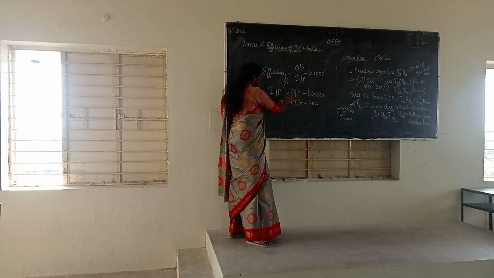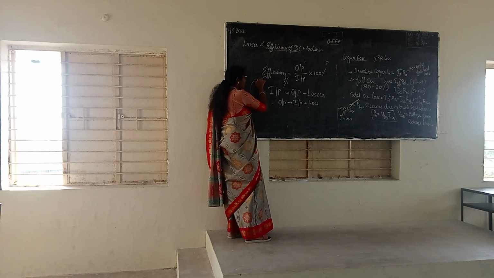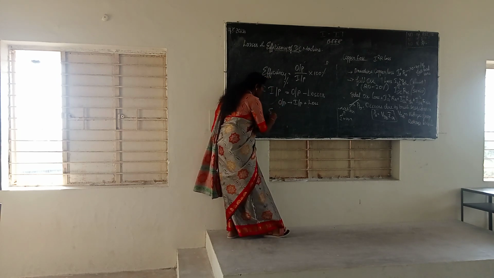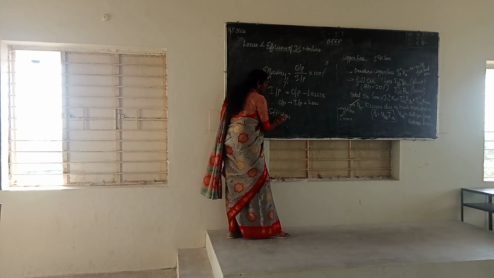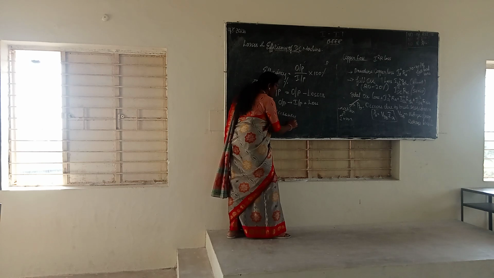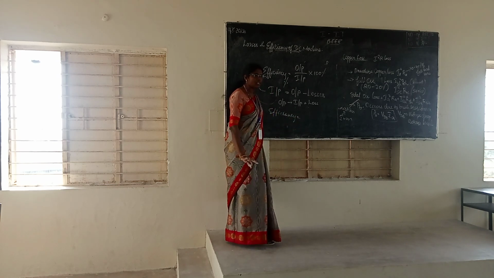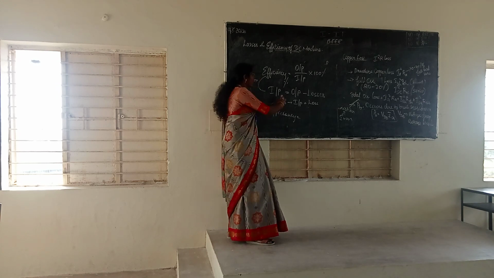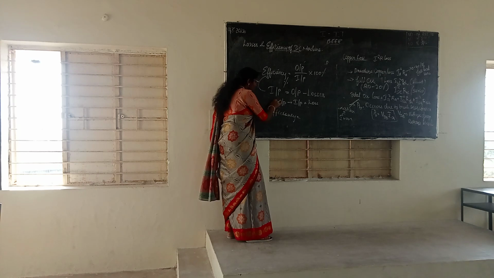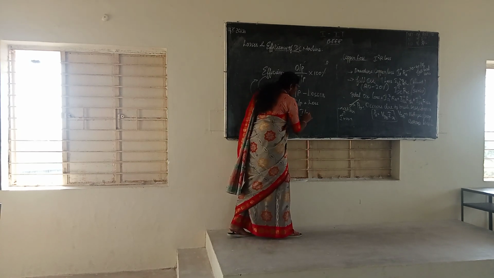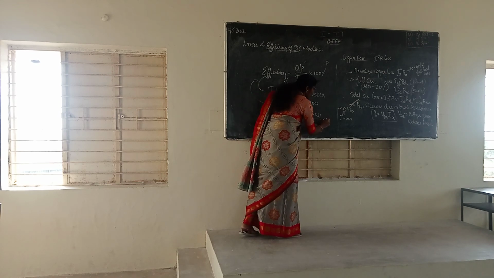Clear? So if I substitute these two, which means efficiency can be calculated in terms of input only. I don't know the output or the amount of losses; I only know the input I am giving. So in place of output, I have to substitute input plus loss: input plus loss divided by input into 100.